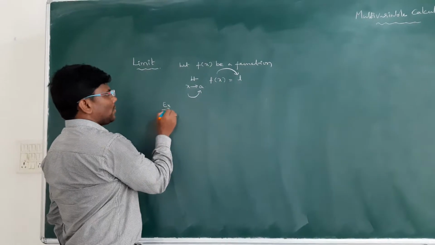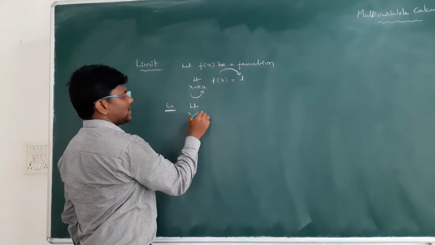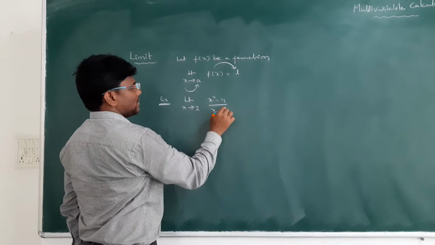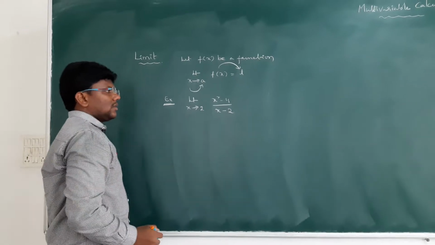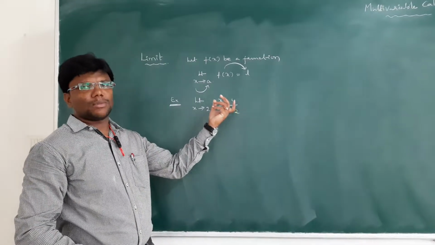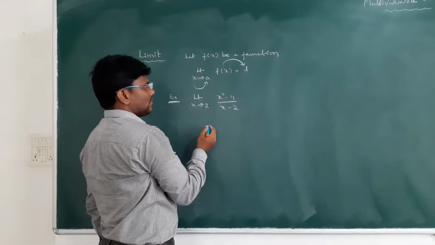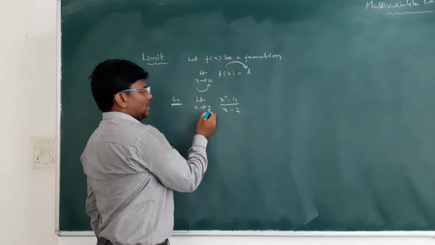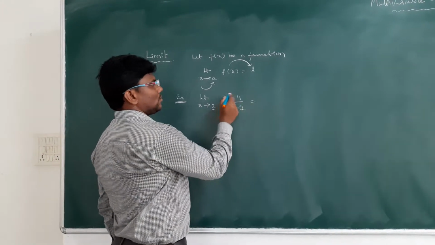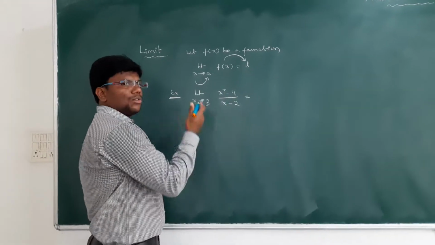I'll explain one problem. Example: find the limit as x tends to 2 of x square minus 4 by x minus 2. This is a single variable function, since it has only one variable. If you substitute x is equal to 2, we get 2 square is 4, 4 minus 4 by 2 minus 2, which is 0 by 0 form.